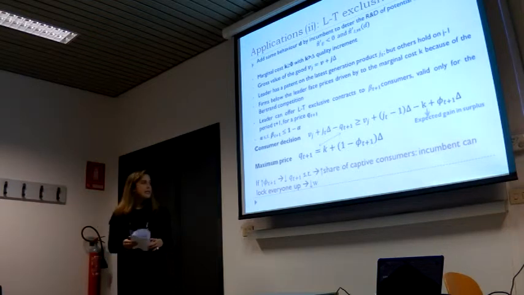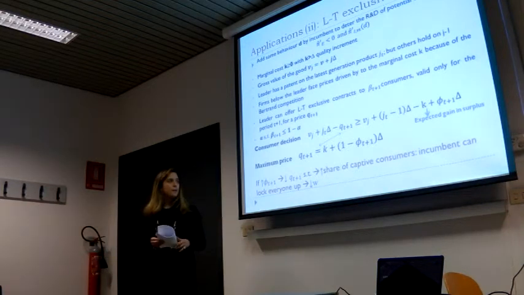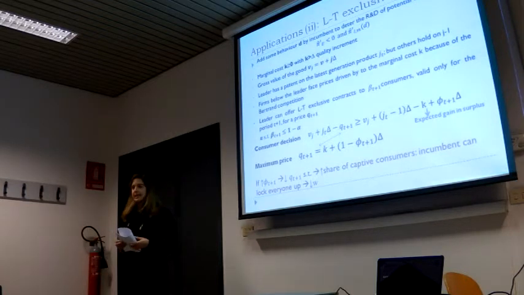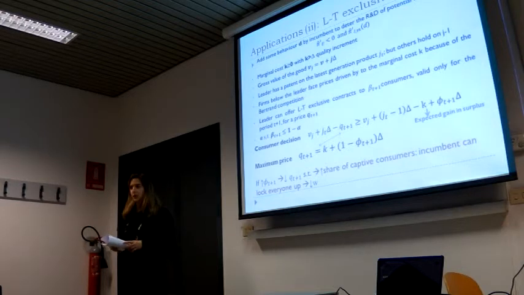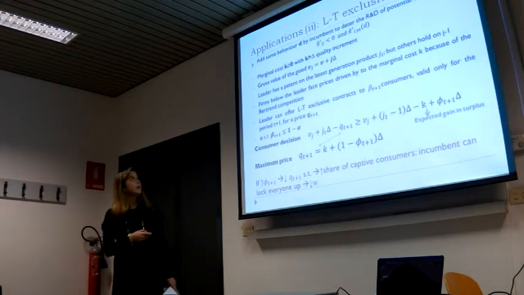So as you can see, it means that if beta increases, the price will decrease, and it means that the incumbent firm has the possibility to reach a great number of consumers, and in this way to lock everyone up, and the incentive to innovate for entrants will decrease.